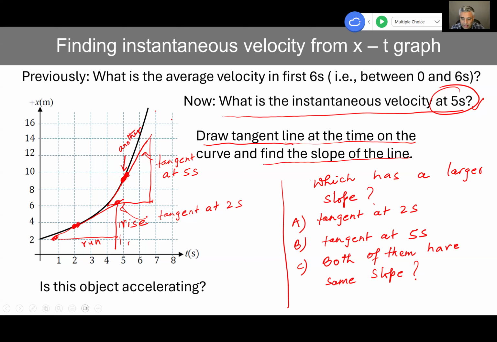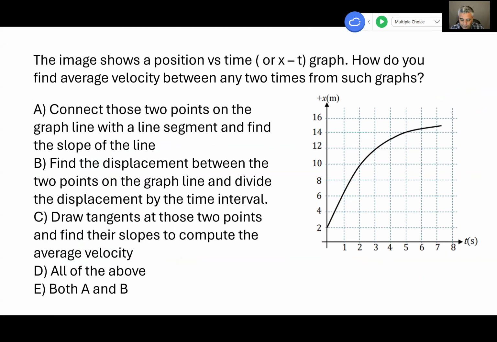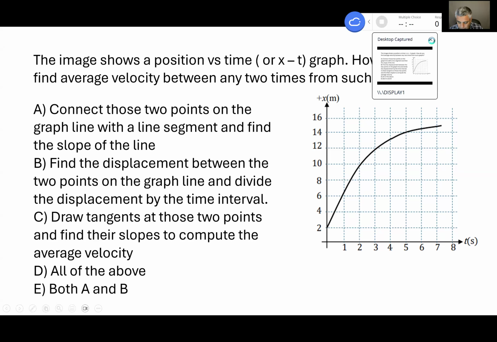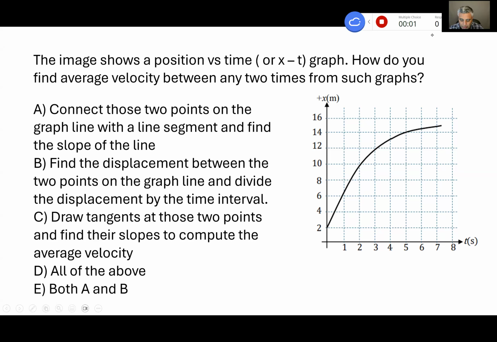So now here is another question for you. You have 1 minute and 30 seconds to answer this question.